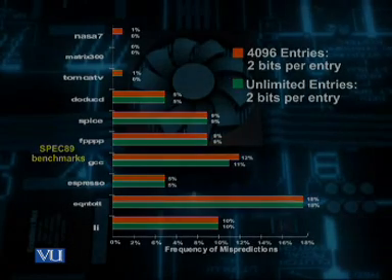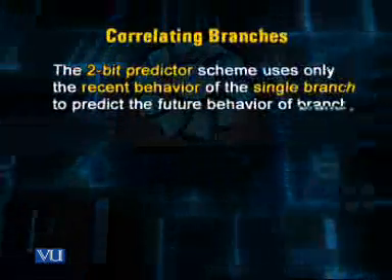With this much discussion on the 2-bit and 1-bit predictors, we will look into some other problem which exists due to correlating branches.